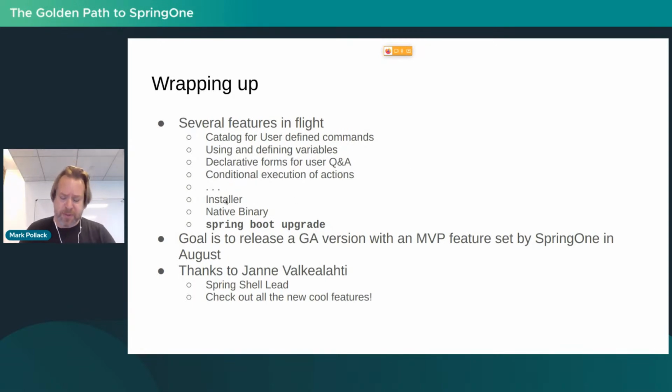We haven't gotten to releasing an installer yet. We haven't gotten to releasing a native binary. Those are on our roadmap. And the last major feature, which will come maybe not in the first version, but subsequently, is working with the Spring Boot Migrator team, who've been experimenting with how to upgrade from, let's say, version 2 of Boot to version 3 using OpenRewrite recipes, or going from a Java EE stack to a Spring stack, or moving off of MuleSoft onto a Spring stack, whatever the migration story is.